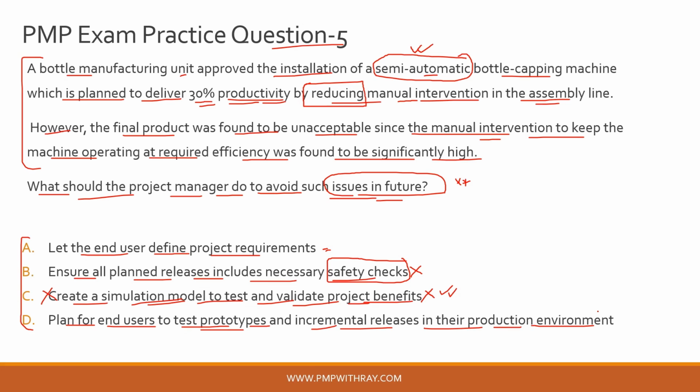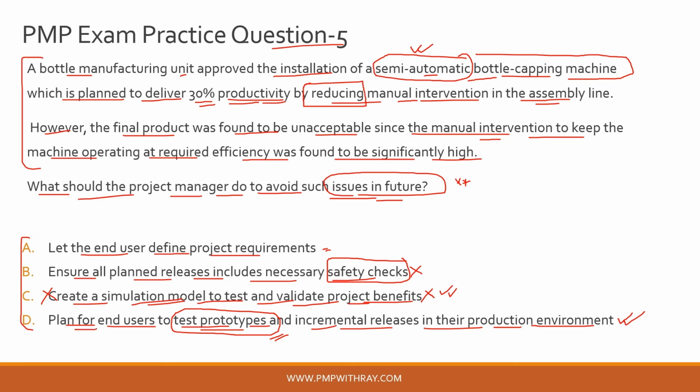That way, with these prototypes, you are first testing the concept. You are doing something called a proof of concept or proof of principle initially, and based on the success and the reliability of the prototypes, you are incrementally adding changes in your semi-automatic bottle capping machine. So this option looks quite reasonable to me, and this looks like the correct option.